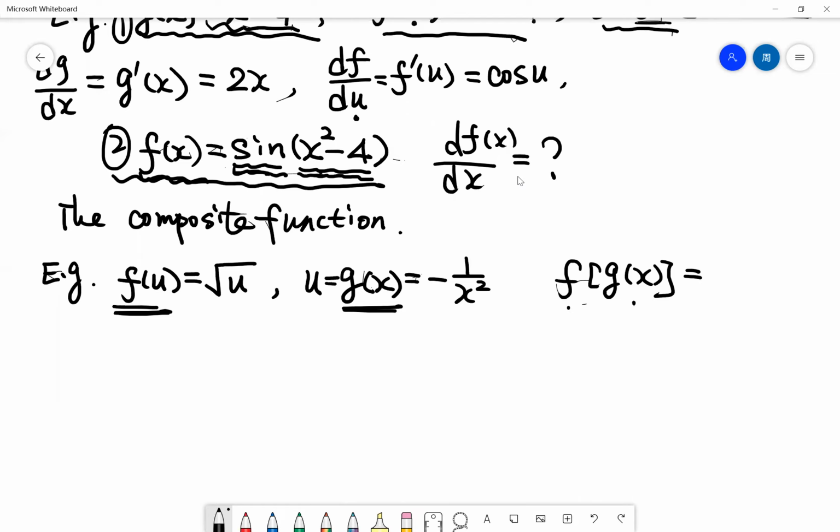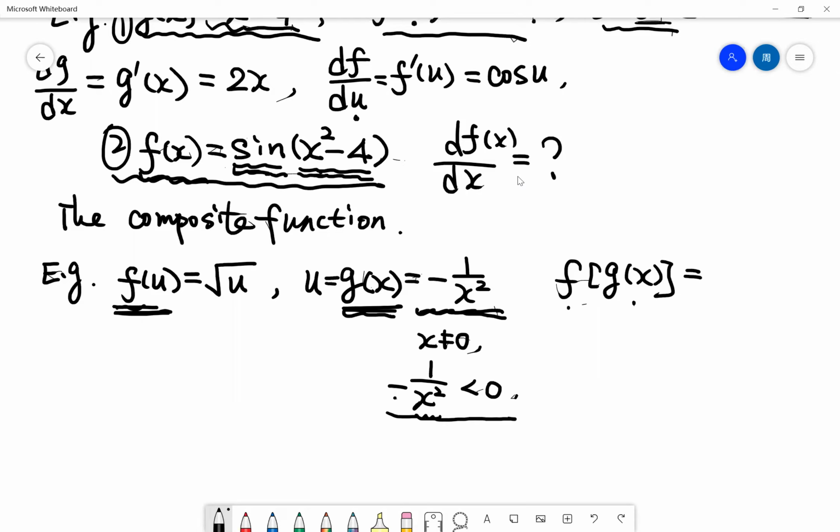For the function g(x), x cannot be 0, and for all other real numbers, minus 1 by x squared is always smaller than 0, because x squared is larger than 0 and here we have a negative.